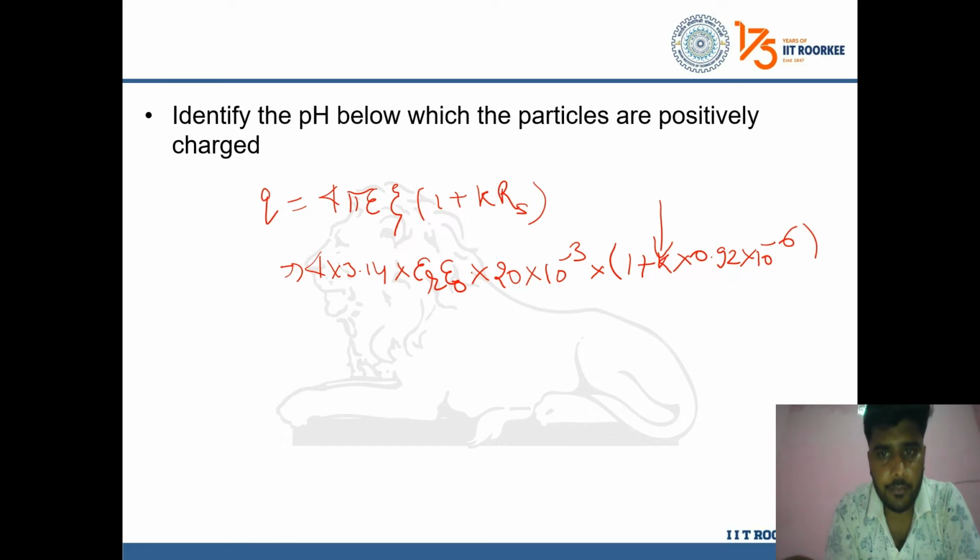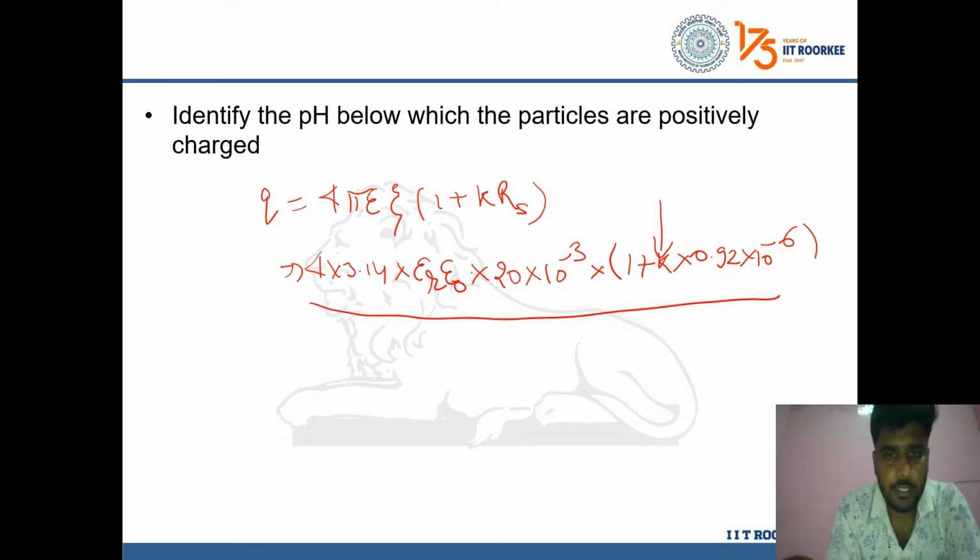And the k value, before solving the charge expression, you have to calculate using the same formula, that is this one.